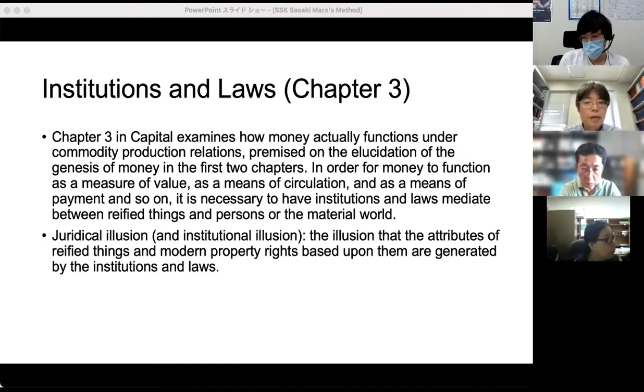This is the illusion that the attributes of reified things and modern property rights are generated by the institutions and the laws themselves. Of course, in fact, the attributes of reified things are generated by private labor or wage labor. Modern property rights are generated by the wills of personal bearers of commodities and money.